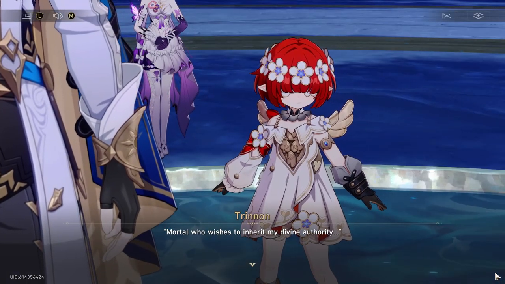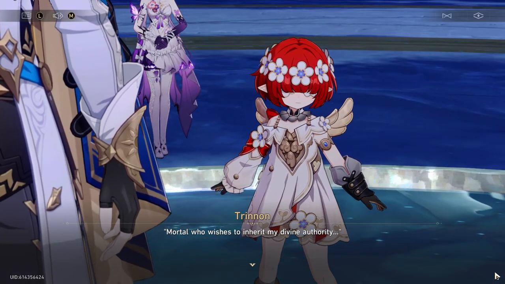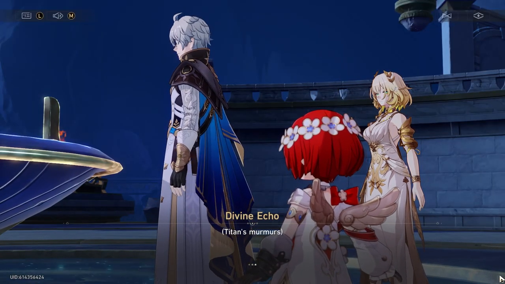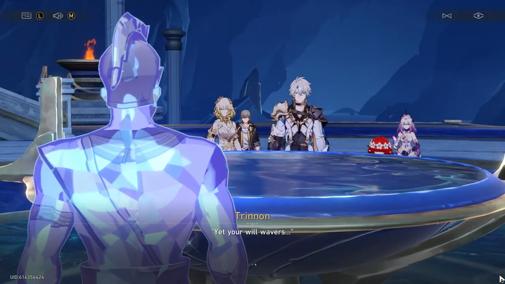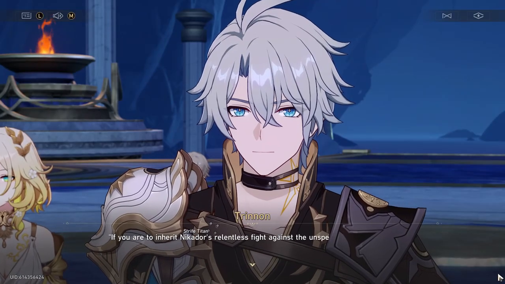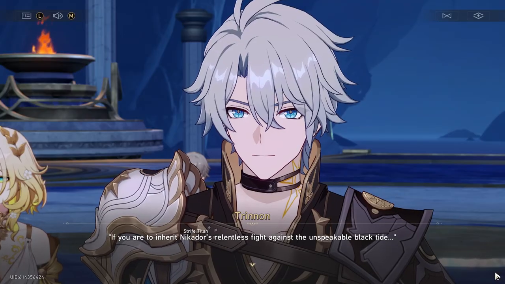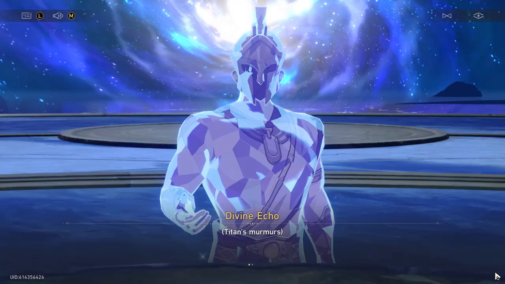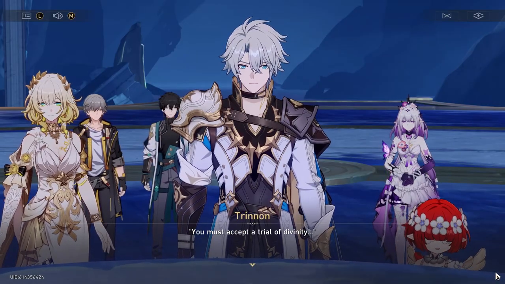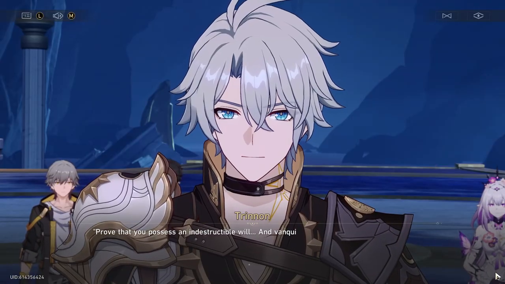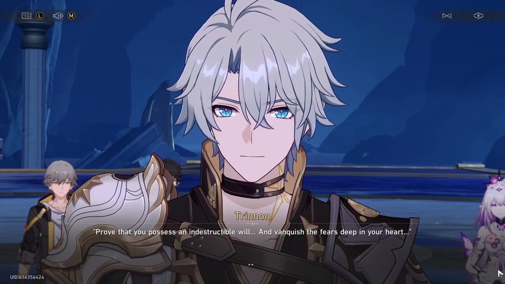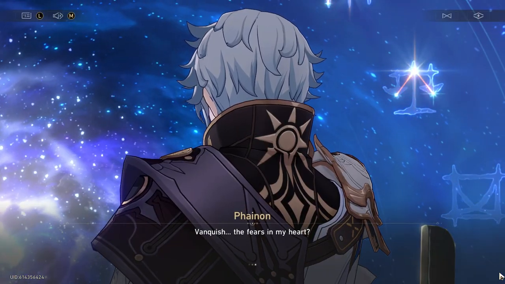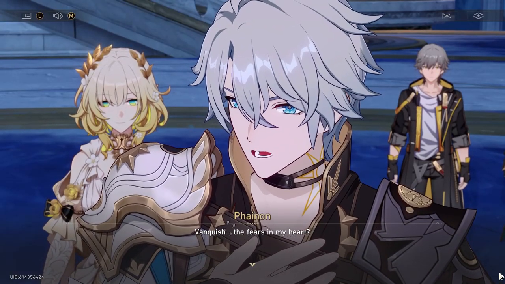Mortal, who wishes to inherit my divine authority, your strength and character have been thoroughly tested. Yet your will wavers if you are to inherit Nikador's relentless fight against the unspeakable Black Tide. You must accept a trial of divinity, prove that you possess an indestructible will, and vanquish the fears deep in your heart. Vanquish the fears in my heart.